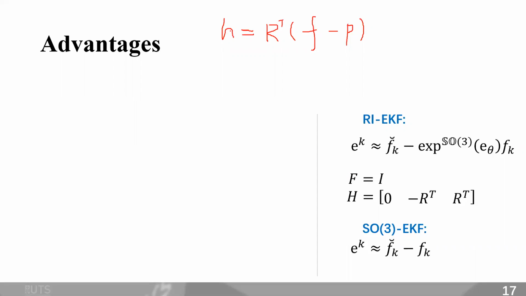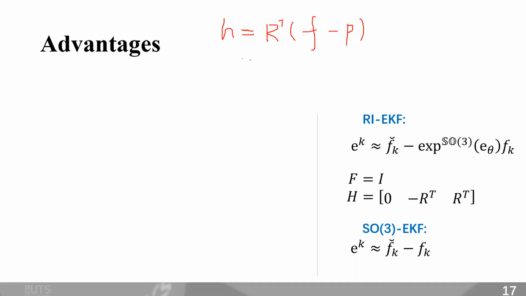But we can derive this Jacobian here. The observation function is the relative position, right?